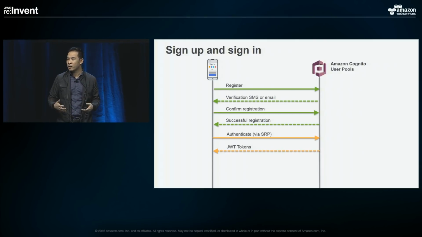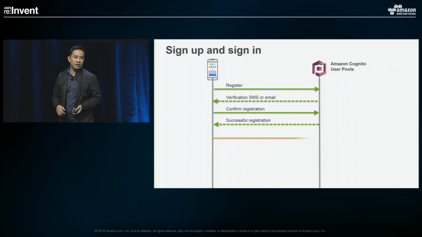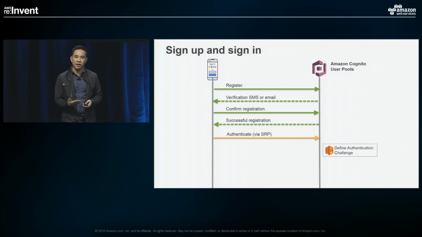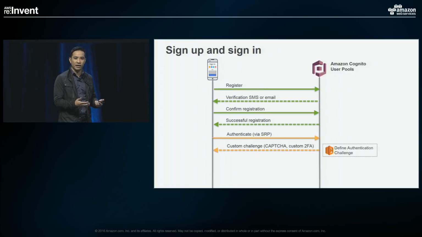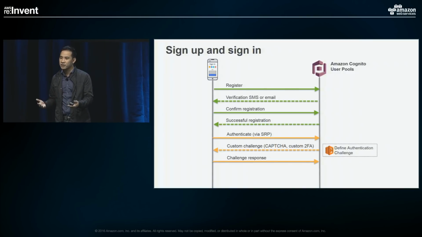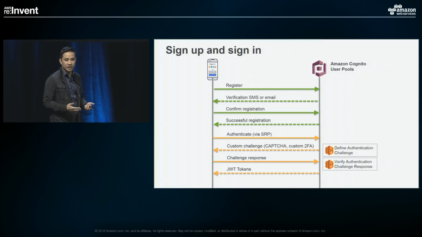A lot of customers want to customize this flow. So to take another example, the user could authenticate against Cognito, and Cognito could actually return back a challenge, asking the user to either input their MFA code or a CAPTCHA as an example. Once the user responds to that challenge, only then would they get JWT tokens.